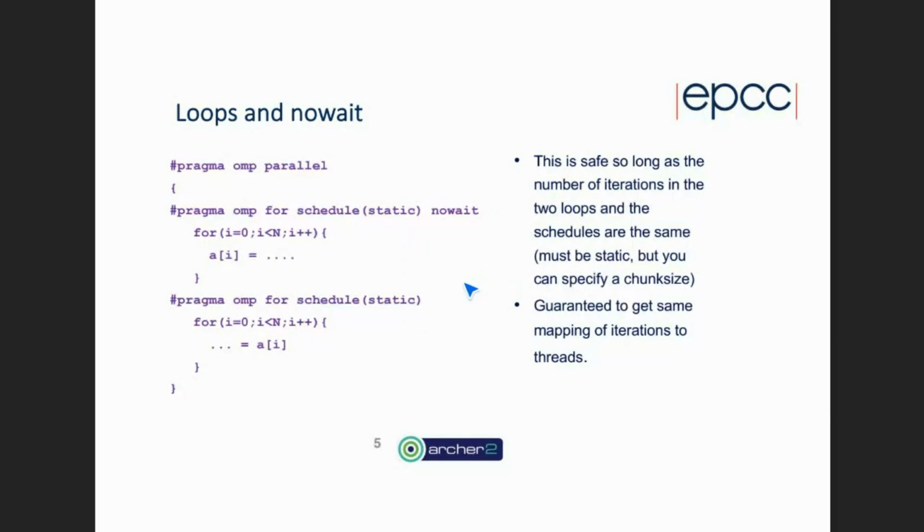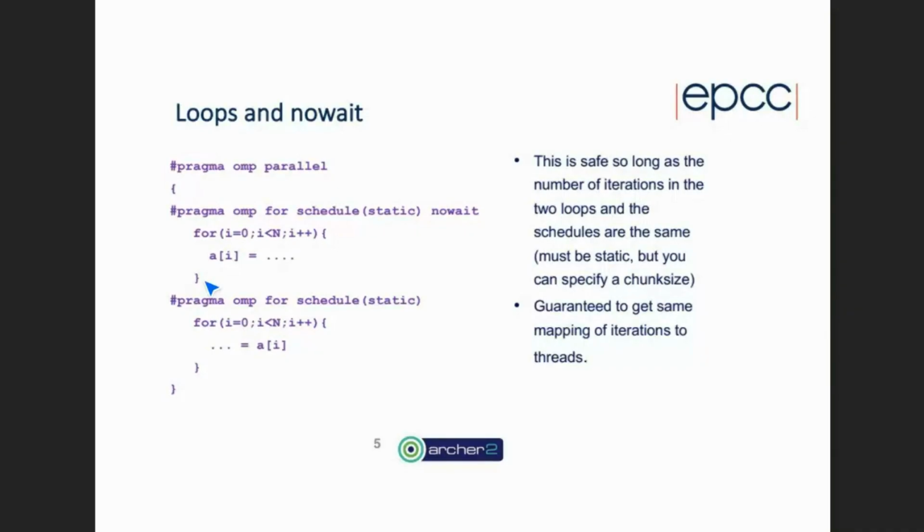In that case, it is safe to use the nowait clause to get rid of the barrier on this loop, because you are really guaranteed that the same thread will do the same subset of iterations for both loops. So reading A[i] here is safe, because it's the same thread that wrote it previously, and you don't have to wait for the other threads to complete their iterations of the first loop.